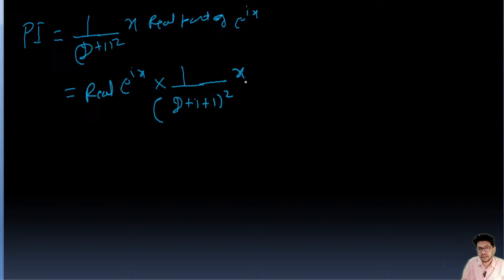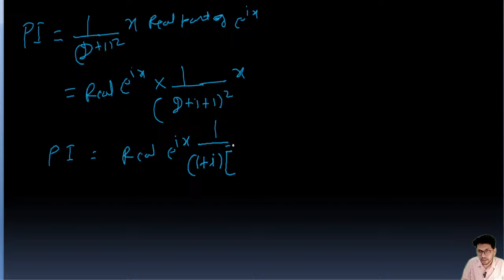Now it's very simple, we'll solve it. Here it is going to be the real part of e to the power iota x, and this we can write like, we can take iota plus 1 or 1 plus iota common, and this is going to be (1 plus D upon 1 plus iota) whole square, and x.